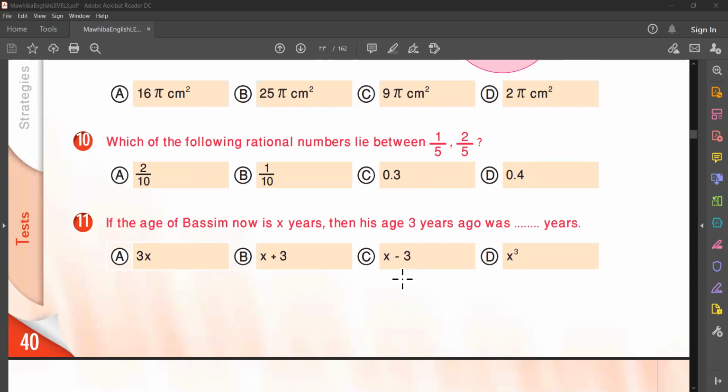Now, what is the answer here? If the age of Basim now is x years, then his age 3 years ago was x minus 3. Right, Kauthar Dawood. So the answer is x minus 3.